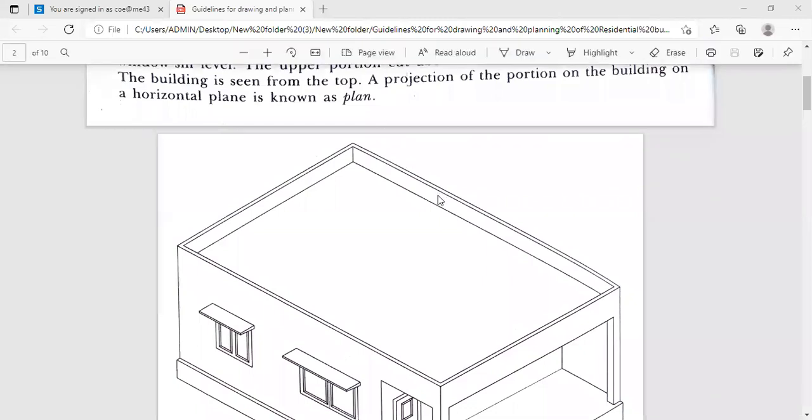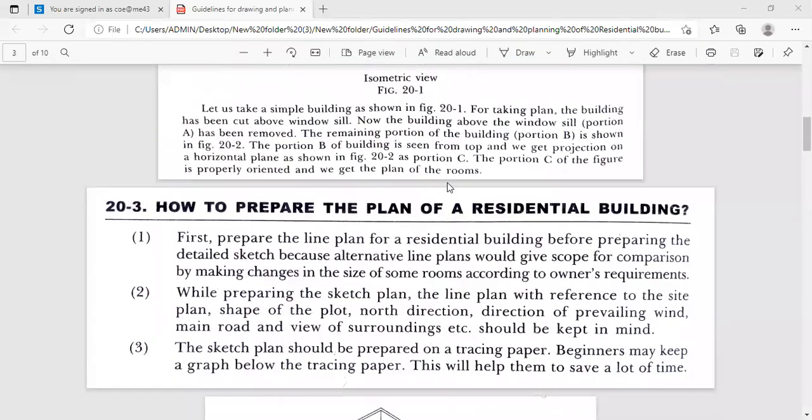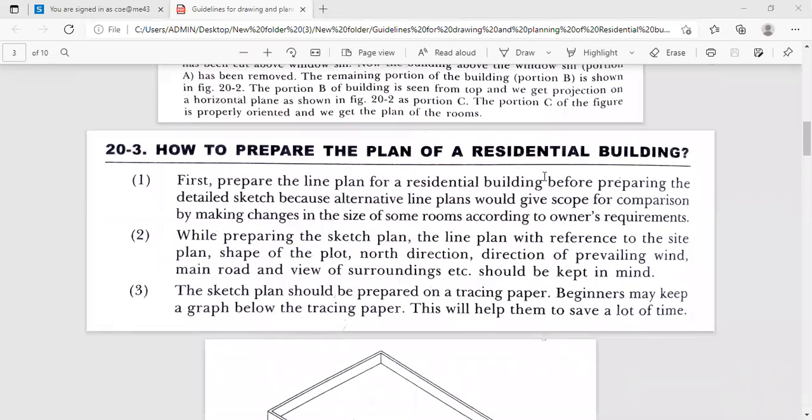So here we will see how to prepare the plan of a residential building step by step. Here so many things are mentioned in various steps. We will discuss one by one.